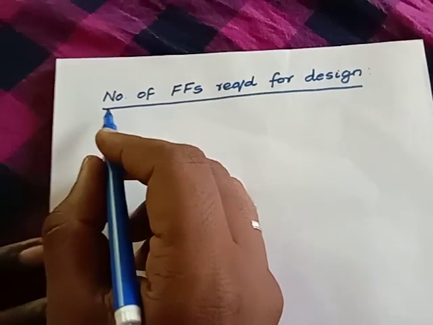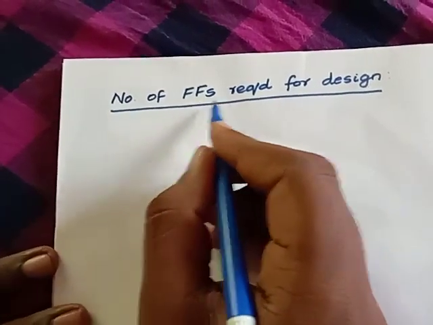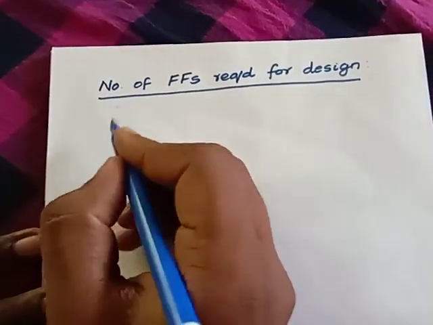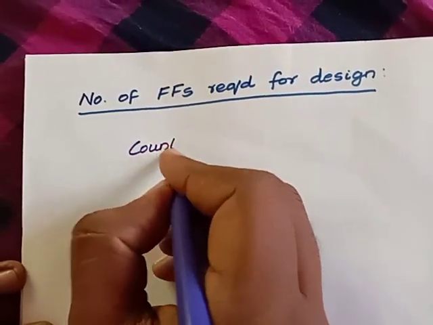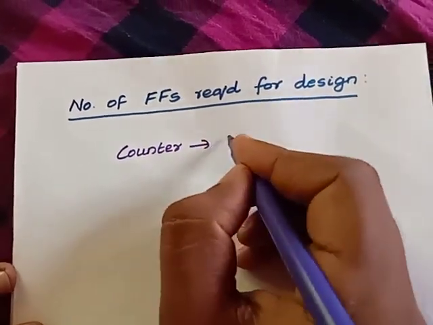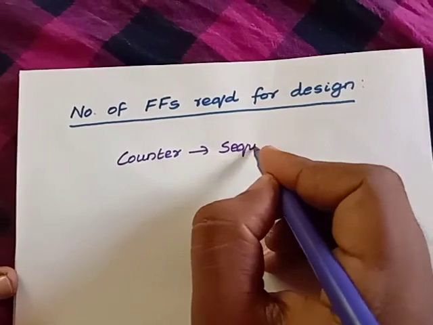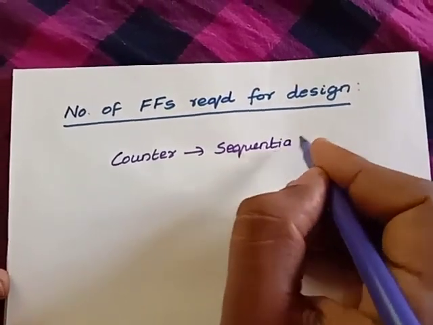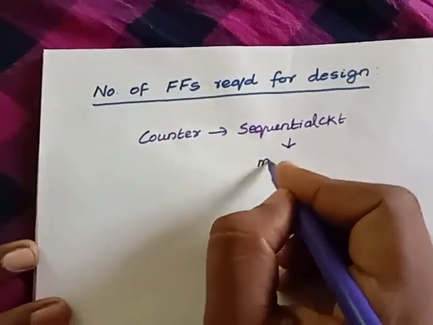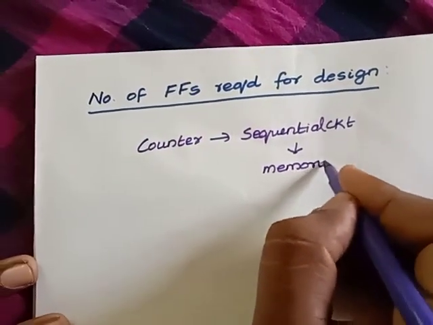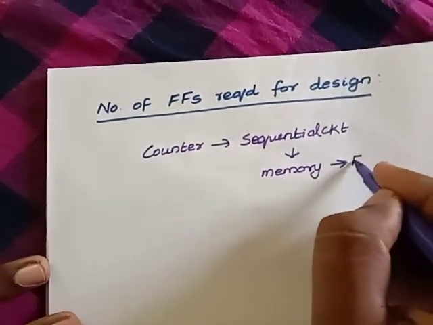Now we'll find out how many flip-flops are required for the design of a counter. It's a simple topic. A counter is nothing but a digital circuit which comes under a category called sequential circuit. A sequential circuit requires a memory, and we know that we are using flip-flops as memory.